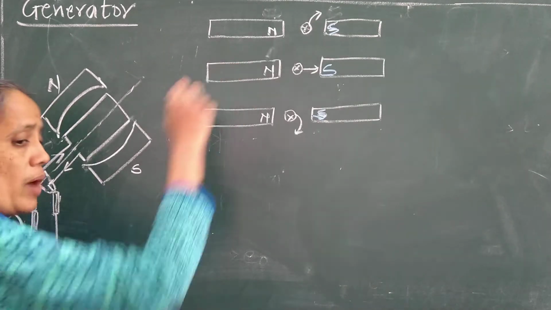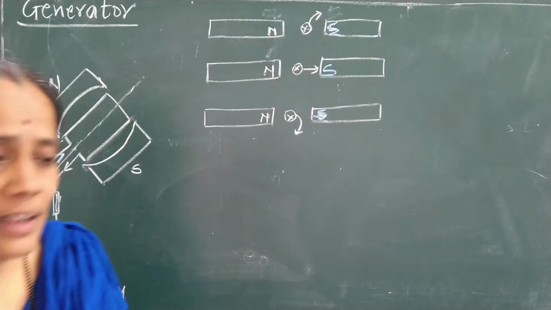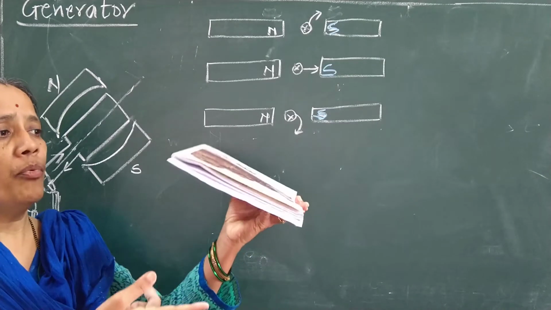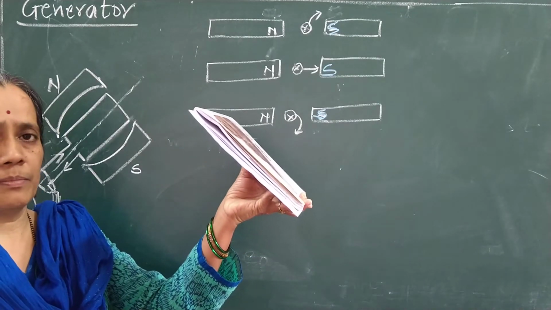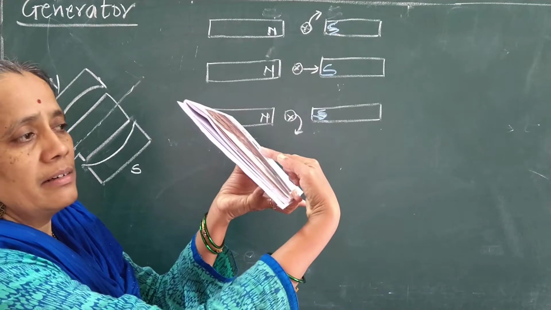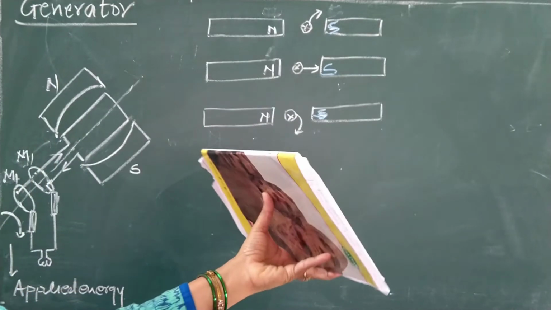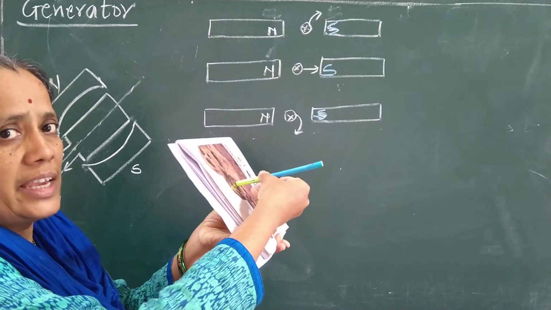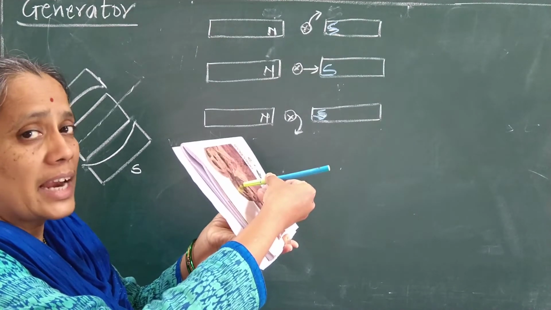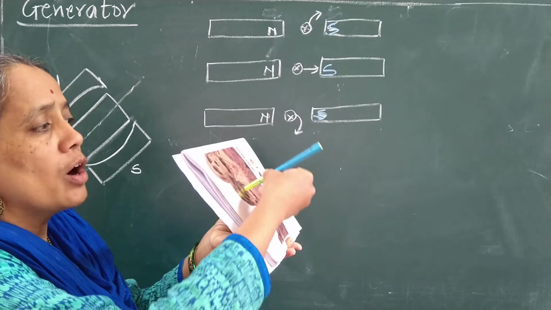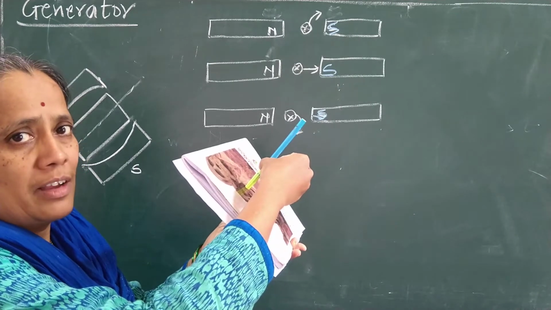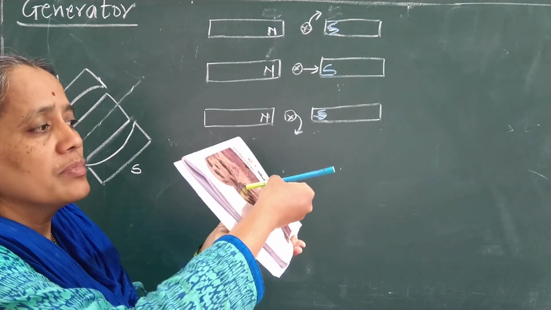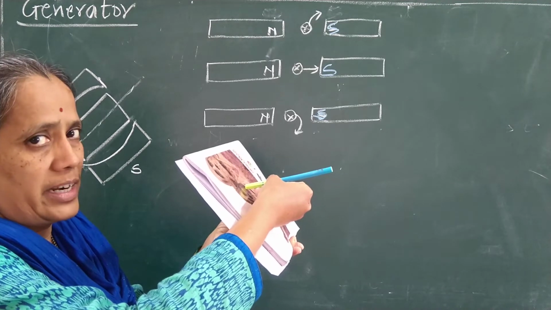Right? Now, why is there a change in magnetic flux? When the coil is rotating in the upward direction, this coil will become like this. Your magnetic vector and area vector are not exactly perpendicular. So I have to draw a perpendicular component of the area. See, this straight line is the direction of magnetic induction.